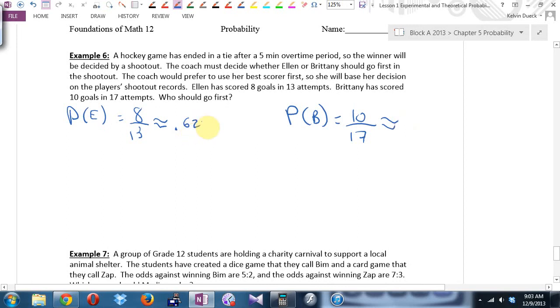What's 10 out of 17 approximately equal to as a decimal? 0.59. Who's more likely to score? She's smiling. Me!